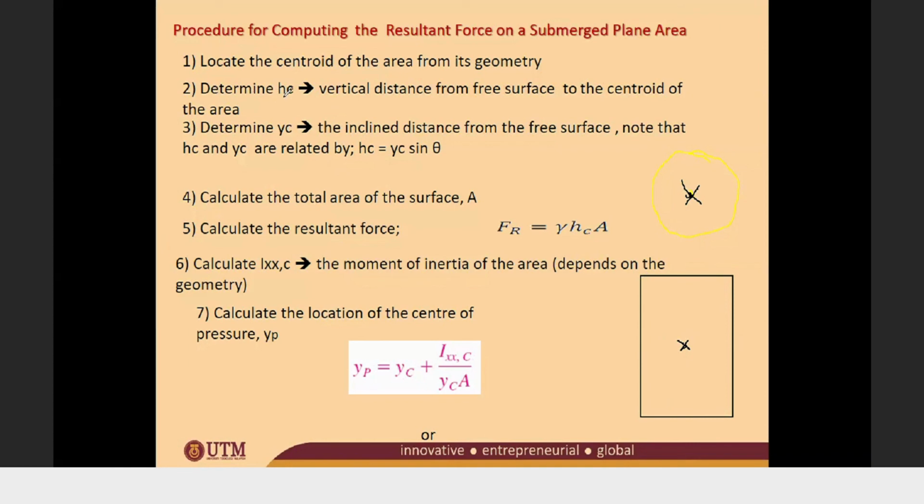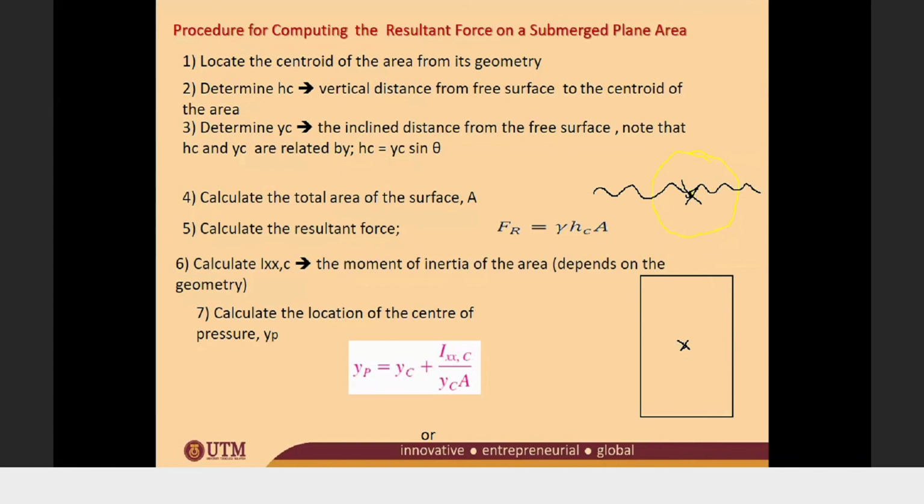Determine HC. HC is the vertical distance from the surface. So let's say this is your water, and this is your surface. Let's say this is 90 degrees, just like the door. So what is HC?